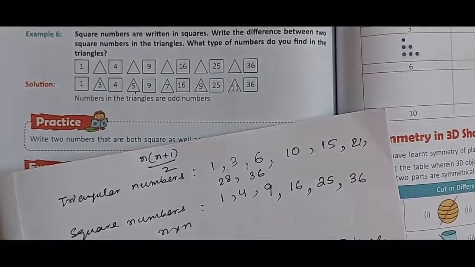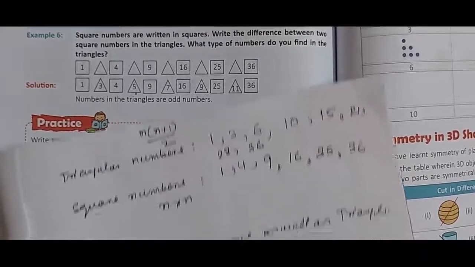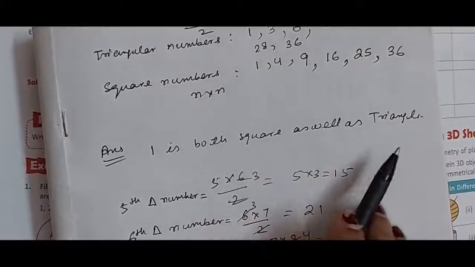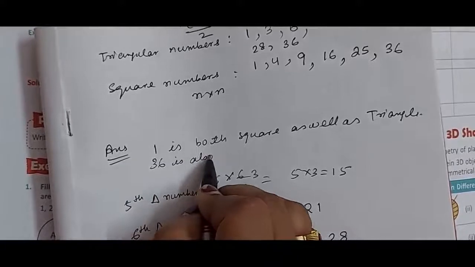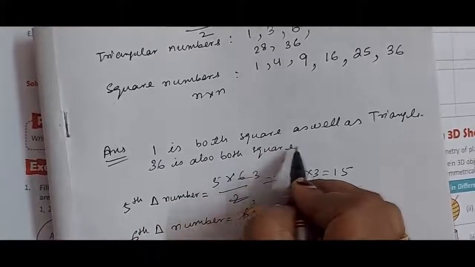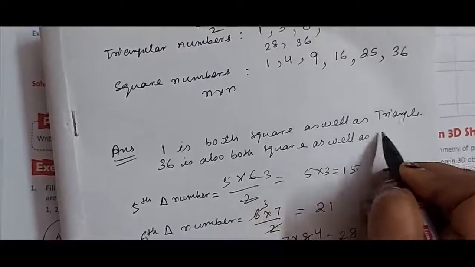So we will write here 1, and so we are going to write here 1 is both square as well as triangle. Here we will write 36 is also both square as well as triangle.